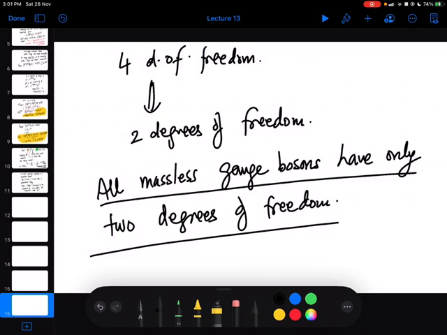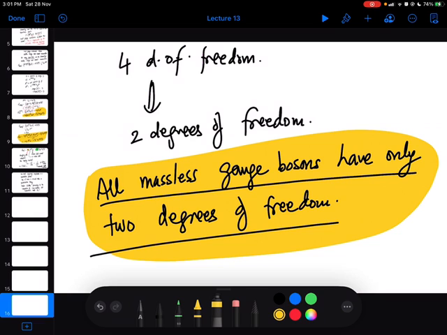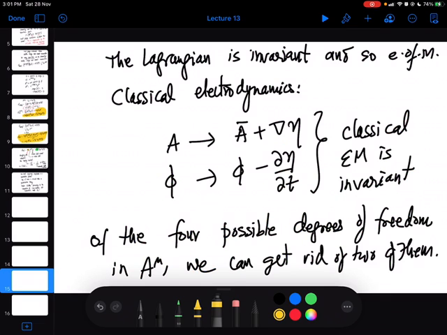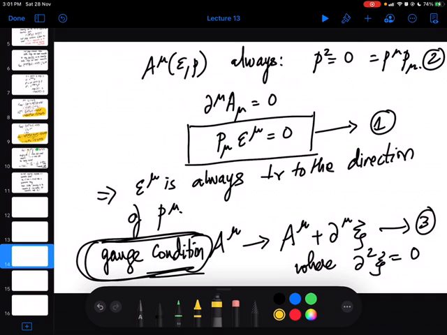This is a very important result. These are essentially all spin 1. So gauge bosons are typically spin 1 particles like you've seen, and because the photon is massless and it has these conditions of the gauge degrees of freedom, and also that it is transverse to the direction of the polarization vector.